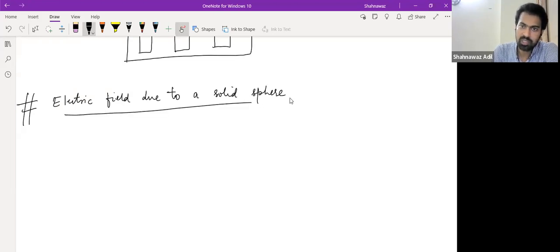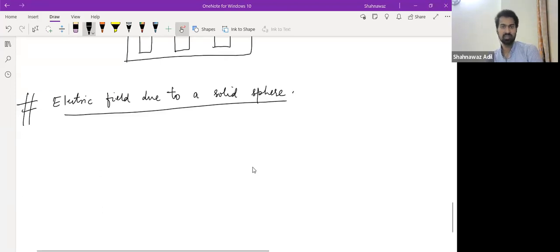What would be the electric field due to a solid sphere? Solid sphere meaning what kind of charge density will I have?